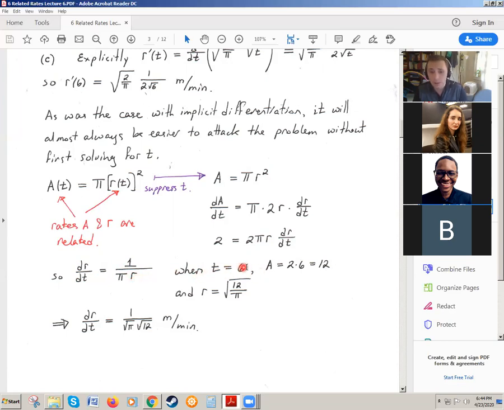When t is equal to 6, A is equal to 12, and r is equal to root of 12 over pi, because as soon as I know A, I divide it by pi to get r squared and then take the square root. And so dr/dt is given by this number, which will turn out to be identical to the number obtained right above. Okay? So that's how they work conceptually.